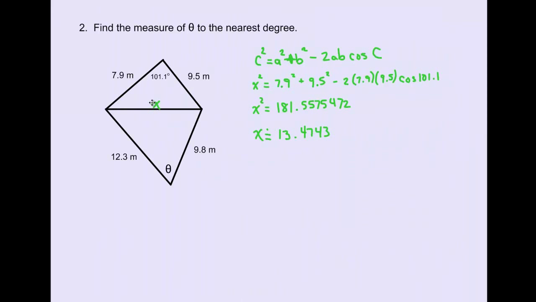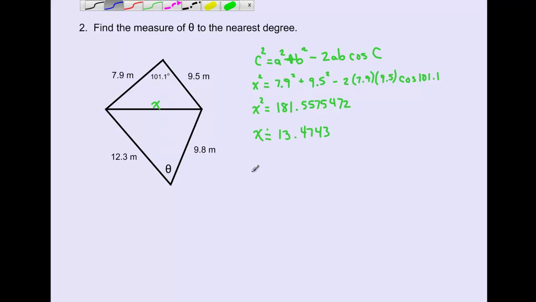So now I know what x is equal to, so I have a side here, 13.4743, another side 12.3, and another side 9.8. How do we use cosine law again to help solve for theta? I'll do the next example in blue so we can see the difference. Again, I have a side angle side sandwich, but in this case I don't have the angle, I have its corresponding side already.